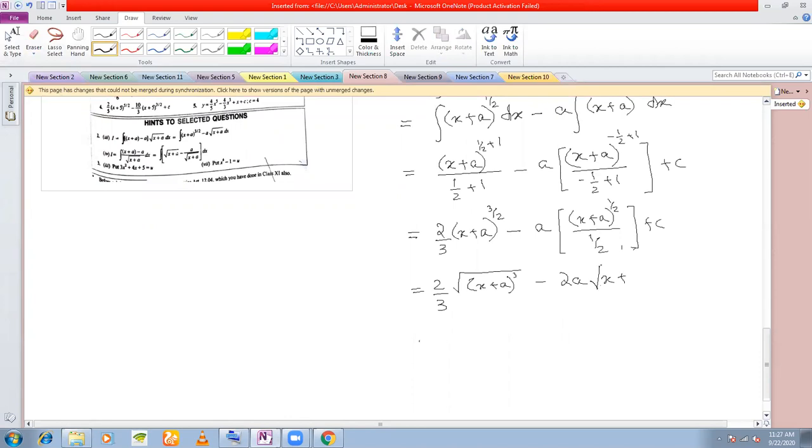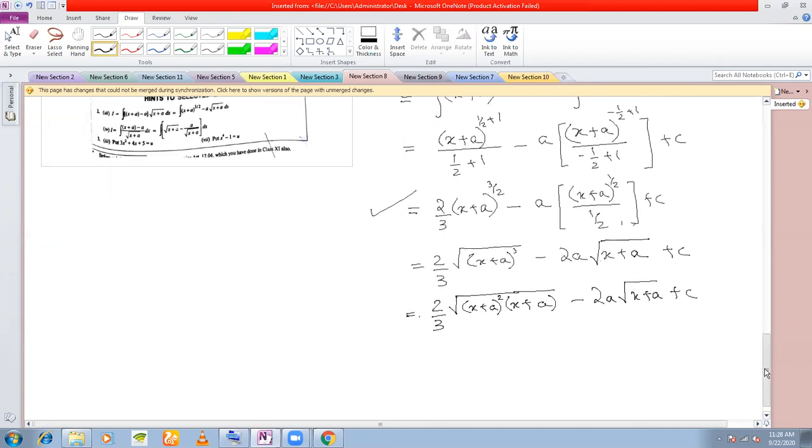Plus c. And this 2/3 (x plus a) whole cube can now be written as x plus a whole square into root x plus a, minus 2a root x plus a plus c. This is nothing but simplification. You can leave your answer here also.